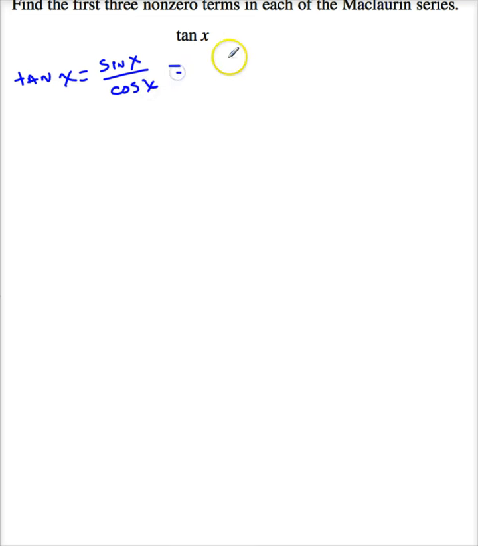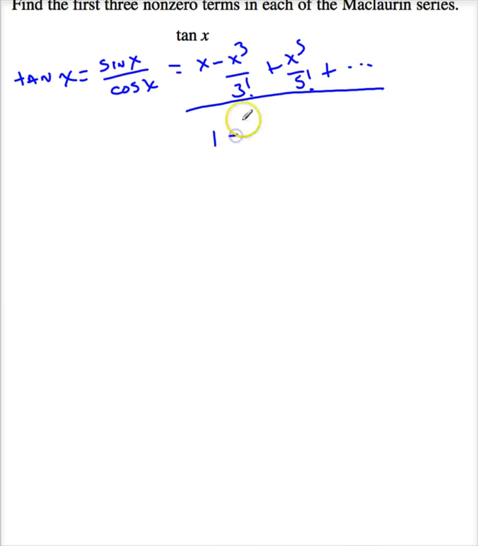I do have these memorized. So sine x is x minus x cubed divided by 3 factorial plus x to the fifth over 5 factorial, etc. And that's divided by cosine, which we just did, 1 minus x squared over 2 factorial plus x to the fourth over 4 factorial, etc.